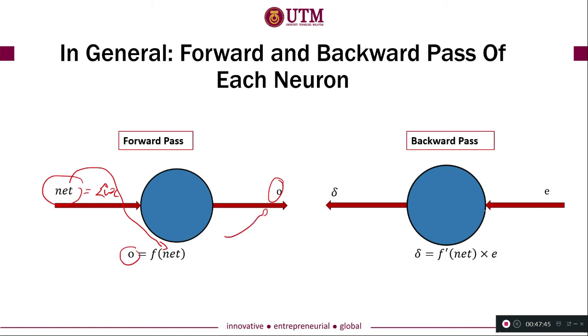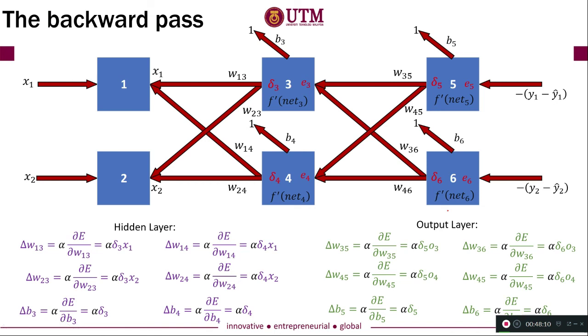But at the backward pass, it's almost a similar pattern. Now it looks like the input is E, the output is delta. To find delta, you need to multiply your E with the derivative of your activation function F. So you can see here the pattern is very obvious.